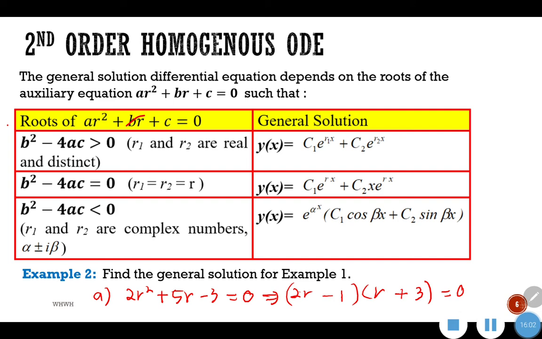Okay, so our r here is equal to half, and the other equals negative 3, right?